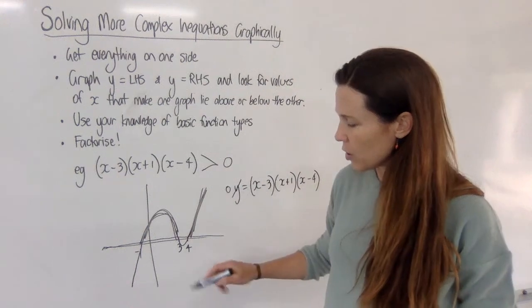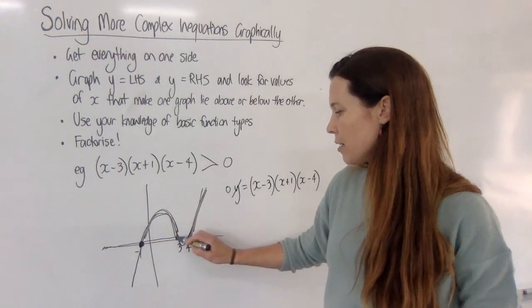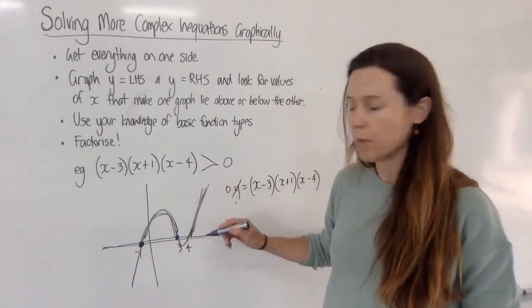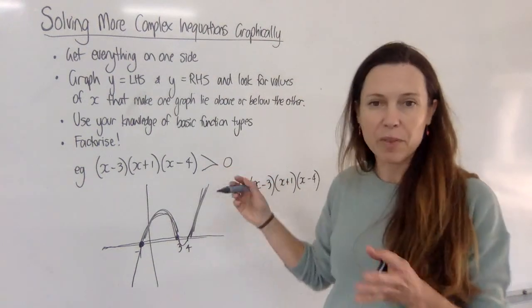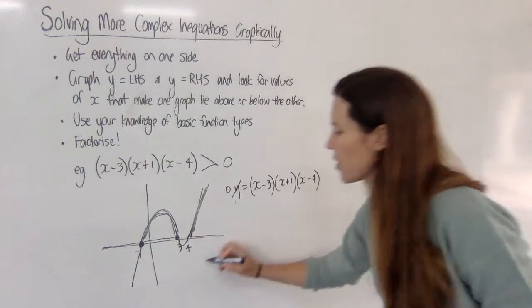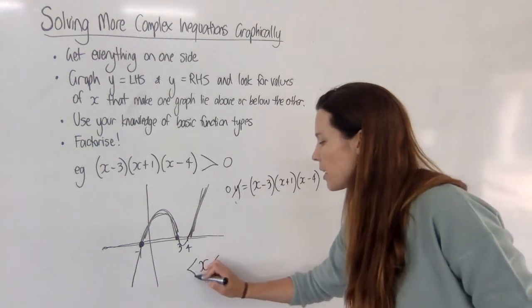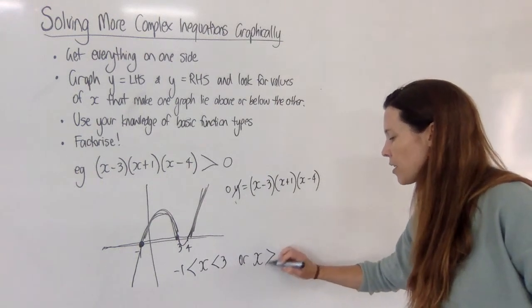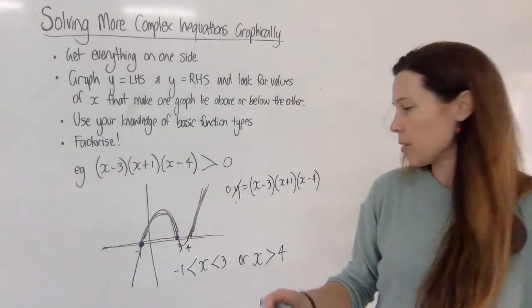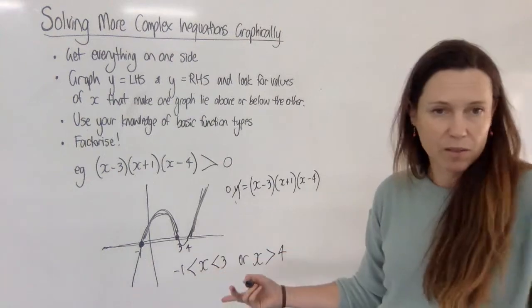So what values of x are we talking about? The ones in between negative 1 and 3 and greater than 4. And we don't want the values themselves because it needs to be above the line, not on it. So I would say that x needs to be between negative 1 and 3, or it needs to be greater than 4.